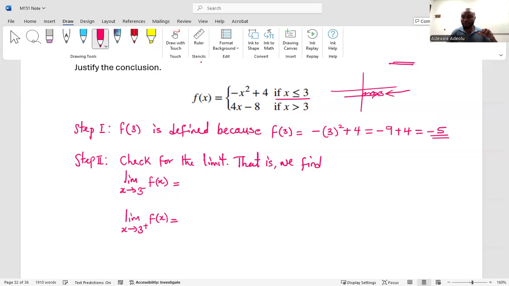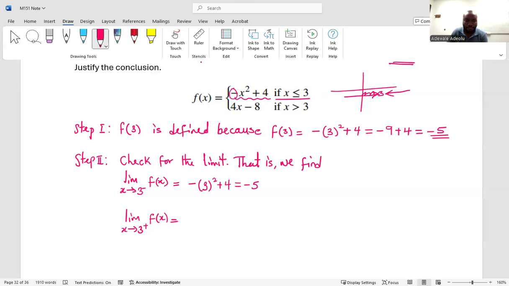Anything more than 3 will be from the right. So this function will be used from the left. So we have minus, be careful, because this minus is outside. So outside, then our x is 3 squared plus 4. Again, that is negative 5.